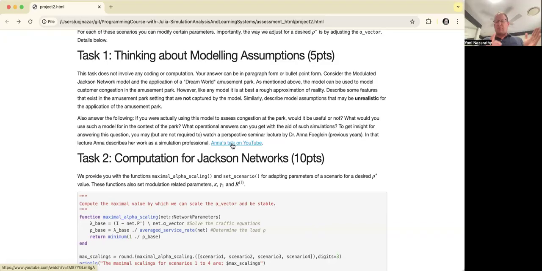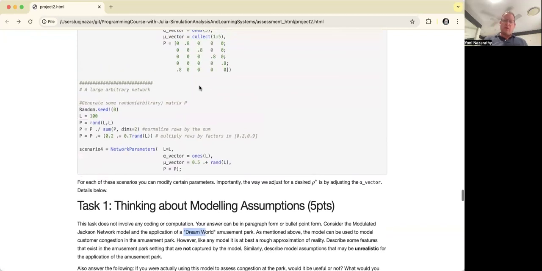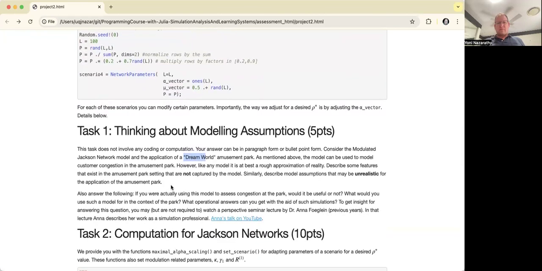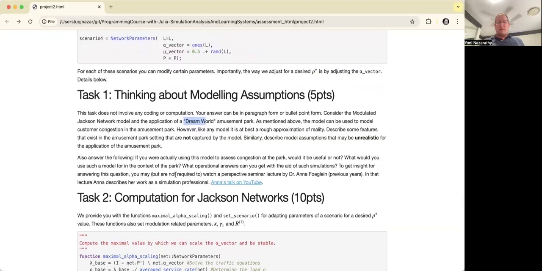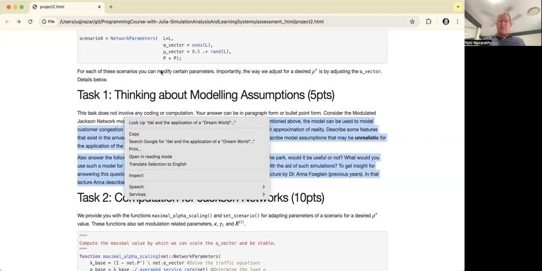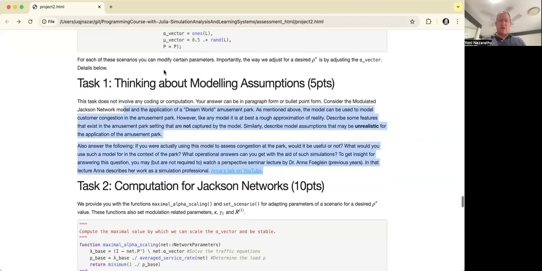She's a prospective seminar speaker who spoke in previous years, and she's a simulation professional. She creates simulations like this for things like the amusement park and tries to make them realistic. What you want to do in this task is say why this model is somewhat realistic for the amusement park, but why it is also not. That's task one. It's just a write-up task, but when you finish it, you will have understood the terminology well.